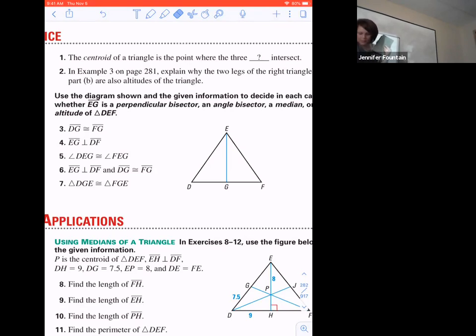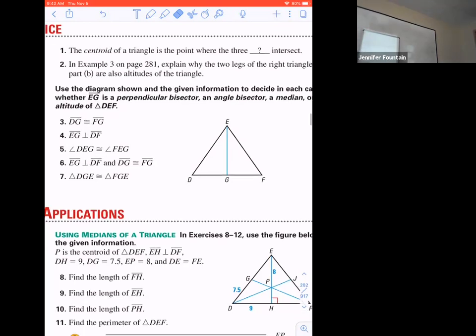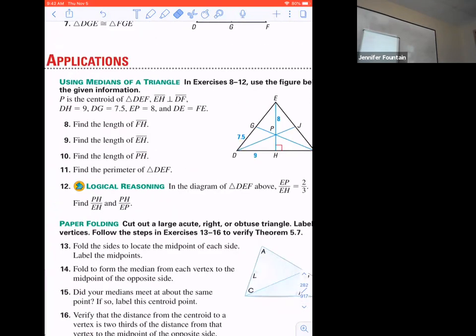Okay, so let's look at the homework for this section. Notice in 8 through 12, use the medians of a triangle. All right, so if you do not remember your information about medians, you will need to review that section as you're doing the homework. Good thing is you'll be writing lesson notes, and so it should be right there at the top of your homework paper anyway, and you don't even have to flip back in your book.